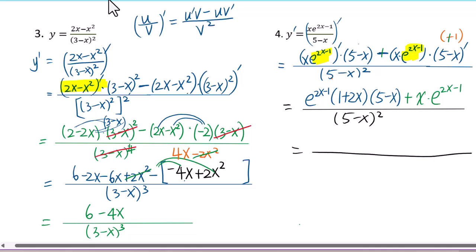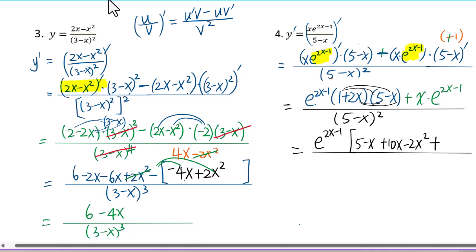Common factor is e to the power of 2x minus 1. We will do the FOIL here. 5 minus x plus 10x minus 2x squared plus x, all over 5 minus x squared, equals e to the power of 2x minus 1.